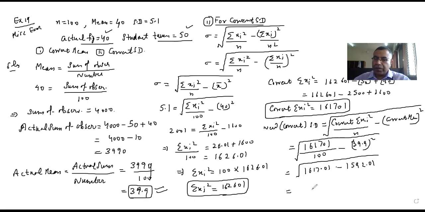This is around 25, which is equal to 5. So the correct standard deviation is equal to 5.